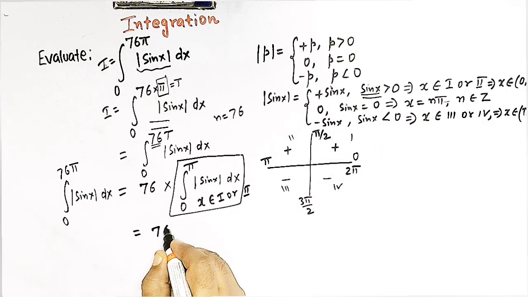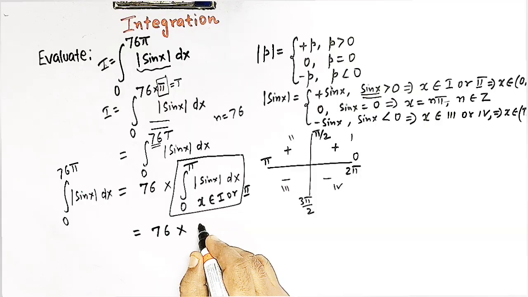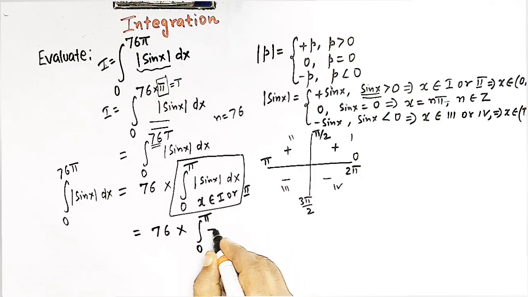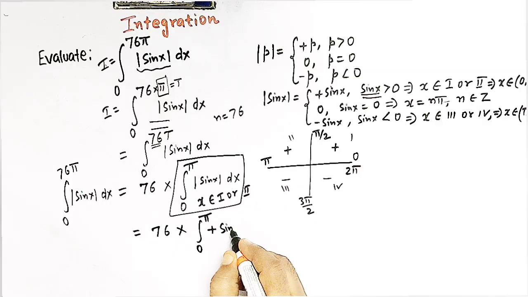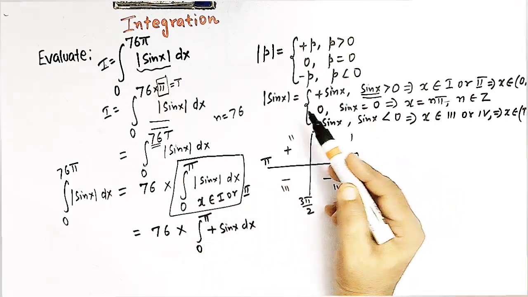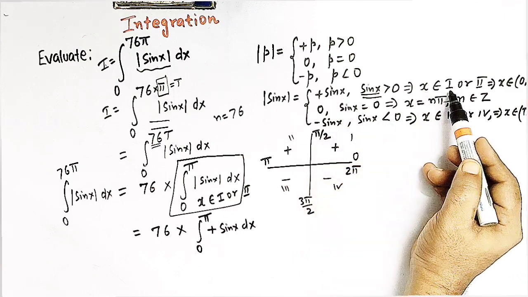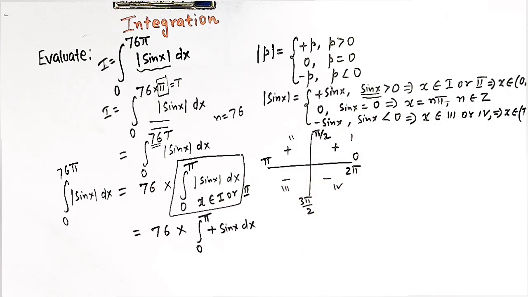So we have now 76 times the integral from 0 to pi, and here we can write simply positive sine x dx, because mod sine x is equal to positive sine x when x belongs to the first or the second quadrant.